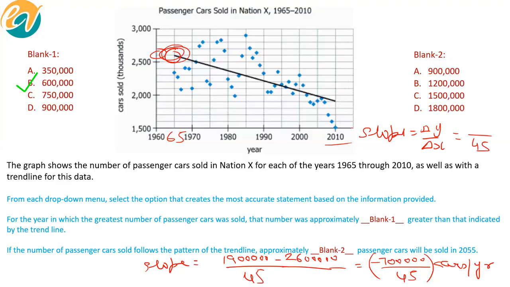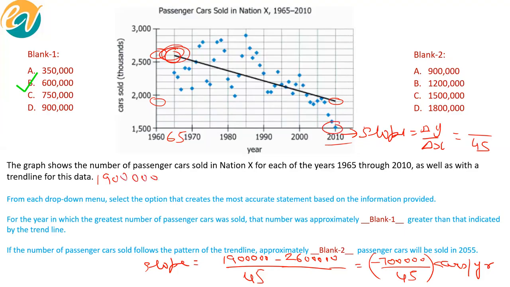We have to find out how many cars would be sold in 2055, wherever 2055 is. So 2055 would be somewhere here. Can someone tell me how do we find this out? So in 2010, how many cars were sold? 1,900,000 cars were sold.